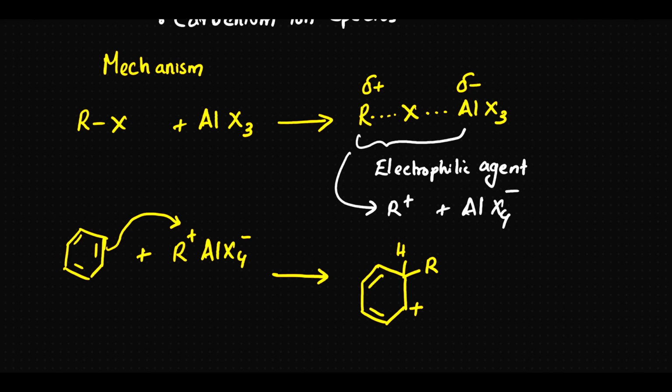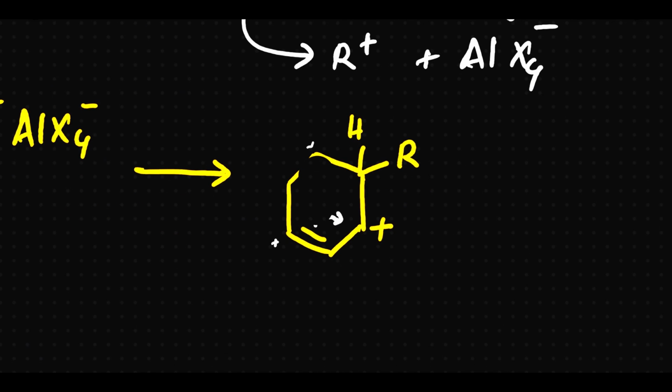This will undergo resonance like this. The positive charge comes here, and again resonance like this, the positive charge comes here. So I will represent it as a resonance form.